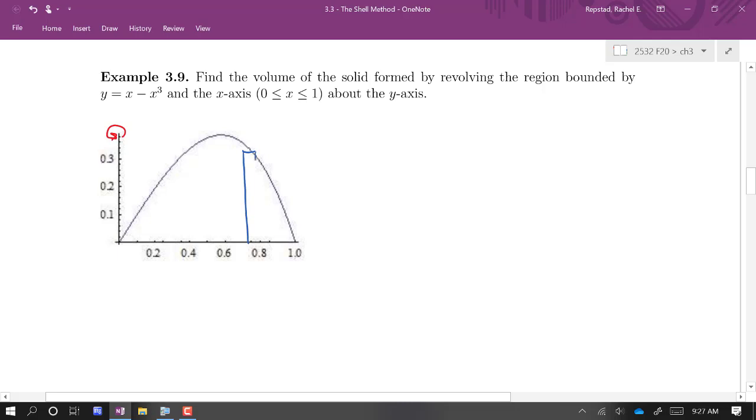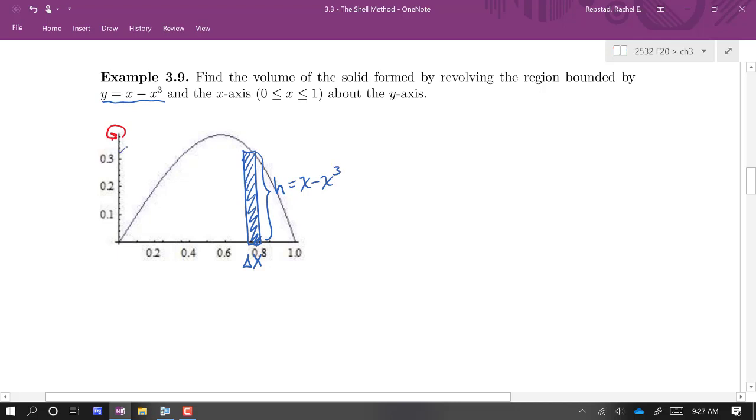So here's a sample rectangle. It has a delta x width. The height is the length of that rectangle, top minus bottom, and that is just the function itself, x minus x cubed, because the bottom is y equals 0.